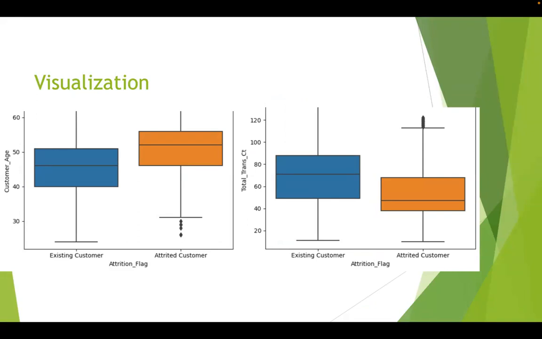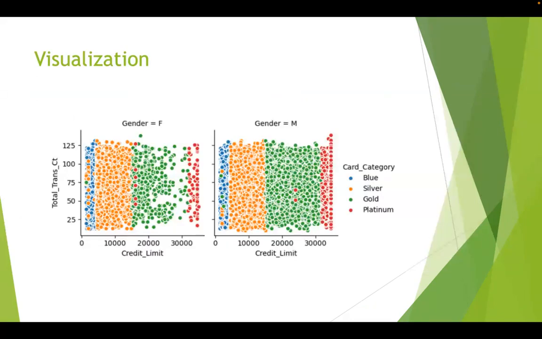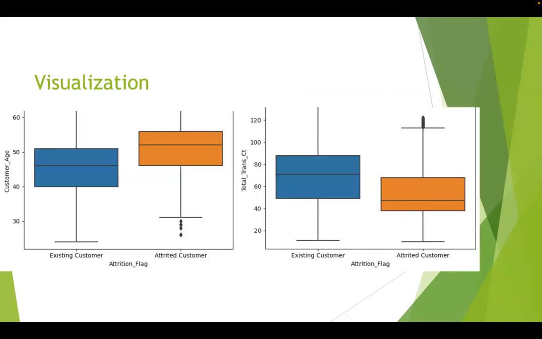So these plots are for attrition flag with customer age and transaction count. The transaction count for existing customers is also higher than that of attrited customers. The range is the difference between the maximum and the minimum values of the data.